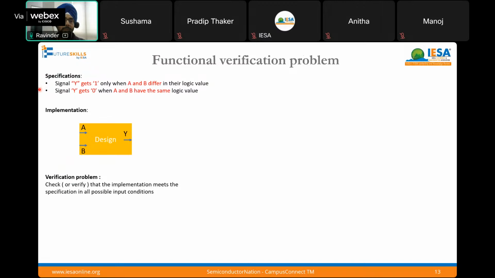And the output should get value 0 when A and B have the same logic value. So this is the design specification. The design team implements the design. And the verification problem now is to check or verify that the implementation meets the specification in all possible input conditions. So to the verification team, the design is really a black box.